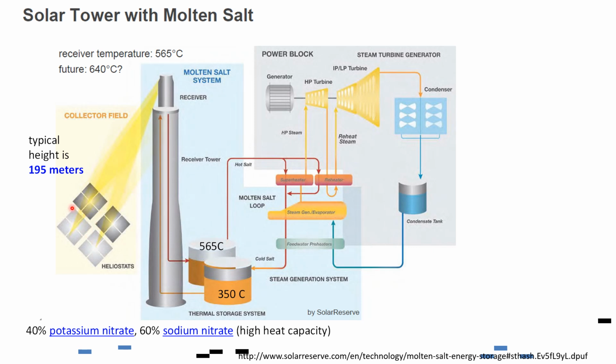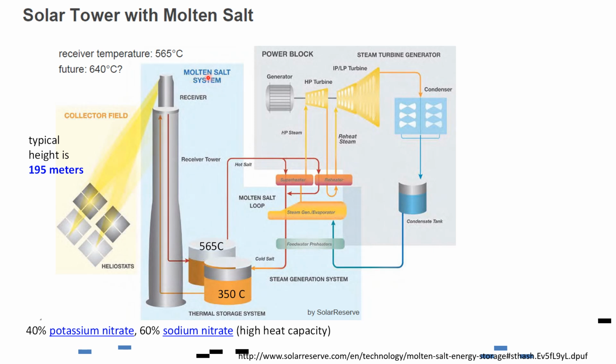Please remember, these heliostats are moving, so they move accordingly to where the sun is shining. If it's here, they have to make a certain angle so that the reflection will go towards the center of the receiver.